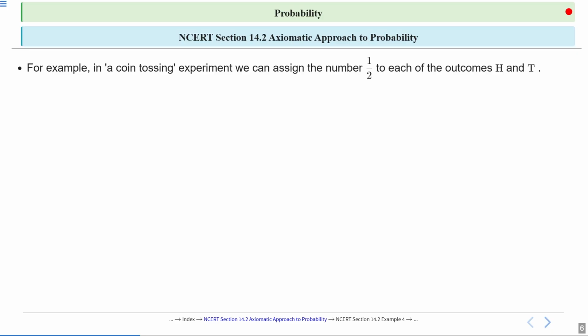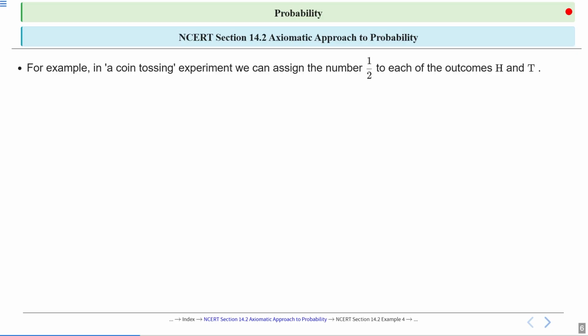For example, in a coin tossing experiment, we are taking a coin toss as a random experiment. If you toss a coin, you will get either head or tail.